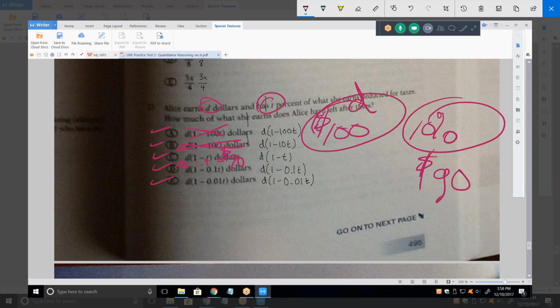That's the answer. I didn't have to do factoring. I didn't have to do any of that. I solved this entire problem by picking simple numbers for D and T. As long as I pick simple numbers, I'm going to know her take-home pay pretty easily. So with these two numbers, I know she takes home $90. So use those two numbers until you find $90 as an answer.